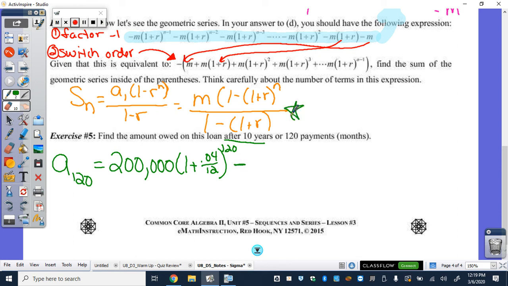Minus, and now we're going to go to this part. We got to use that for our monthly payments that we're subtracting. How much was one monthly payment? 1,600 minus 1.